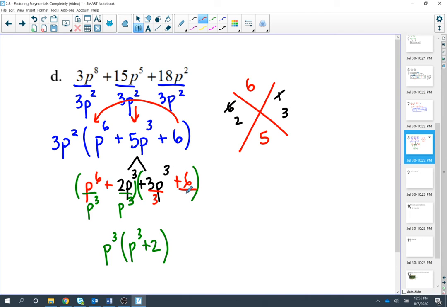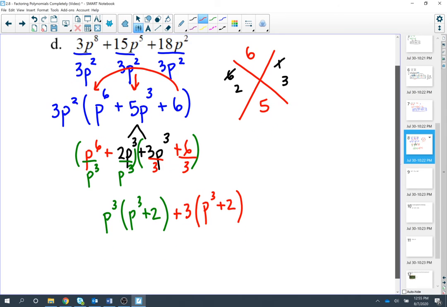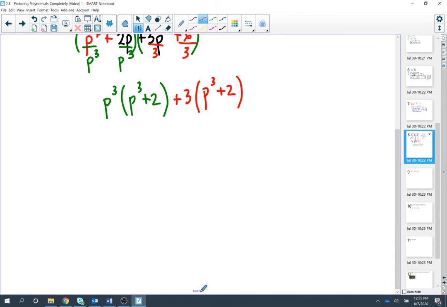I can get out a 3, and that is a positive 3, so make sure you record it as such. And then that's going to leave me p to the 3rd plus 2. Take a look at your parentheses. Are they the same? Yes, that's good news. So out of both of those, we're going to take a p cubed plus 2. Then record your p cubed plus 2.